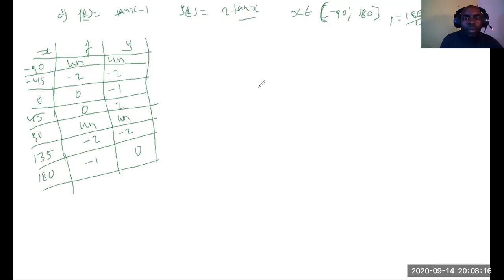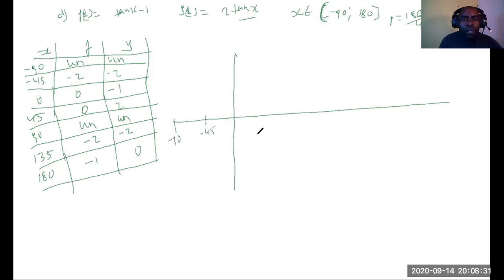So then you can have our Cartesian plane. So you have got minus 45, minus 90, 45, 90, 135, 180.